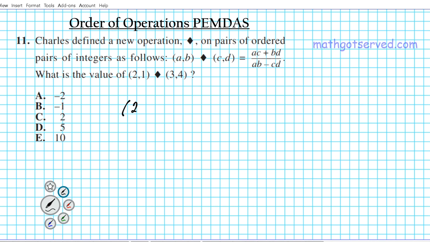All right, so let's see what we have here. We have two ordered pairs, (2, 1) and (3, 4), related by this definition that Charles came up with.